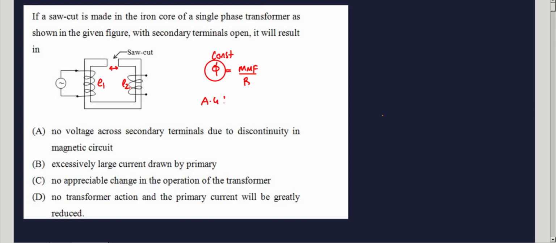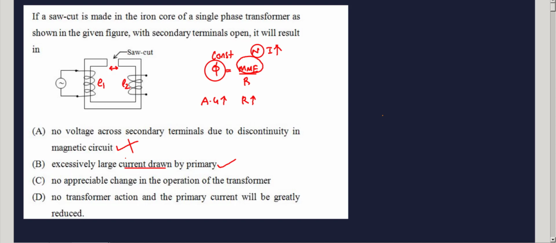Here an air gap is there, the air gap is more. What happens? Reluctance is more. If reluctance is more, what happens? MMF is N into I, turns constant. What happens? Current increases, so excessively large current is drawn by the primary. No voltage across circuit due to discontinuity? No, yes, there is a voltage.